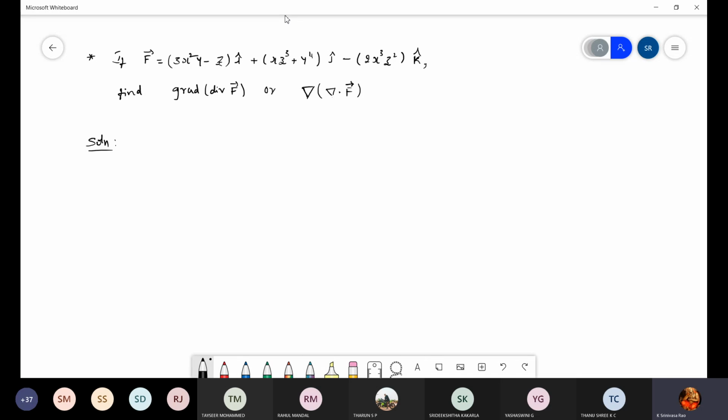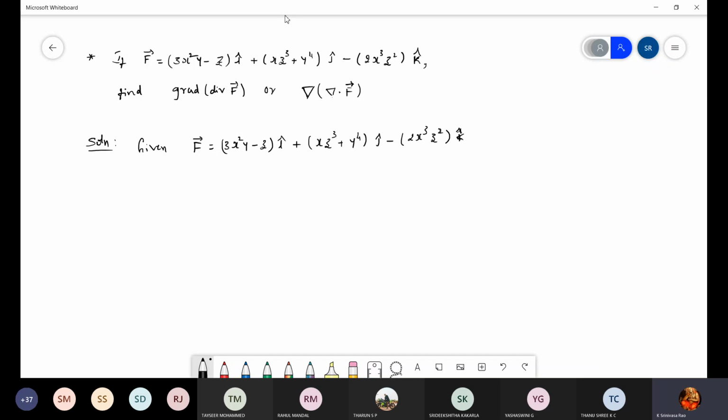Now given f equals 3x square y minus z i cap plus xz cube plus y power 4 j cap minus 2x cube z square k cap.